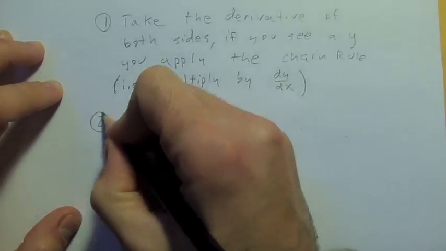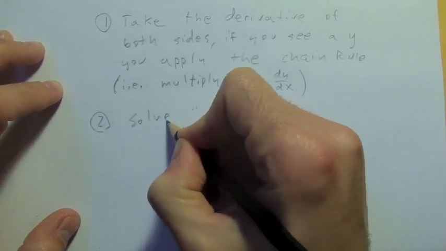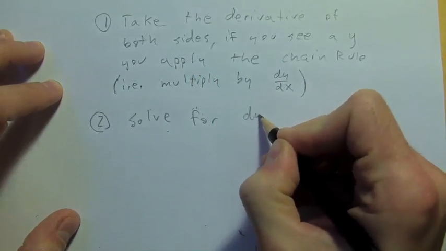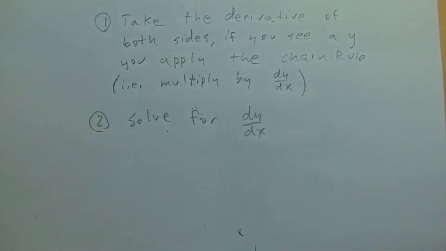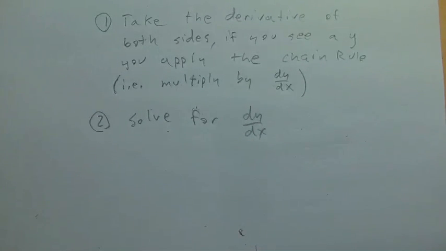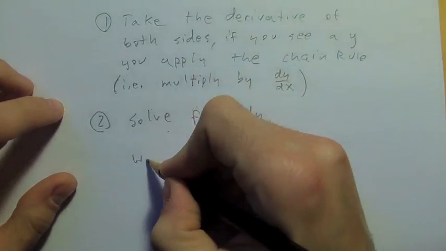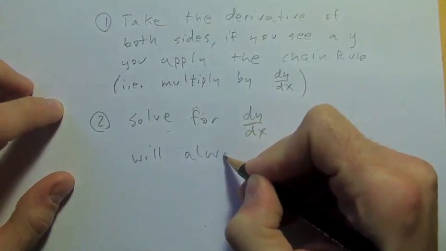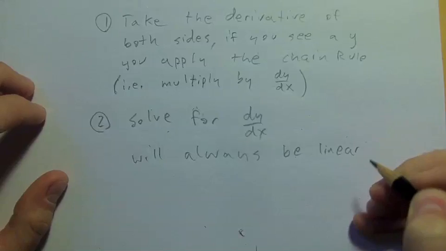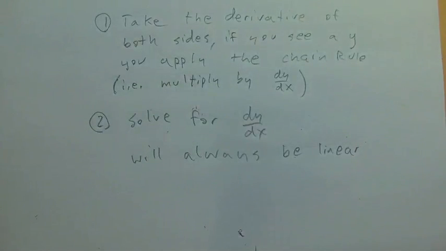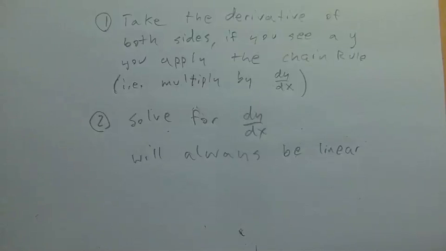And then two, you solve for dy over dx. And this is actually quite simple to do because this is always going to be a linear function. What that means is you just move your dy dx's to one side, everything else to the other, factor, divide.